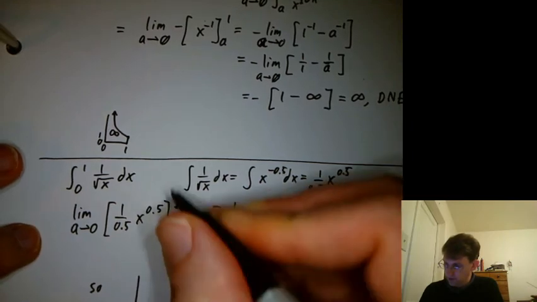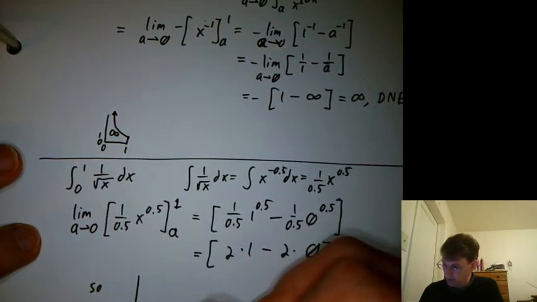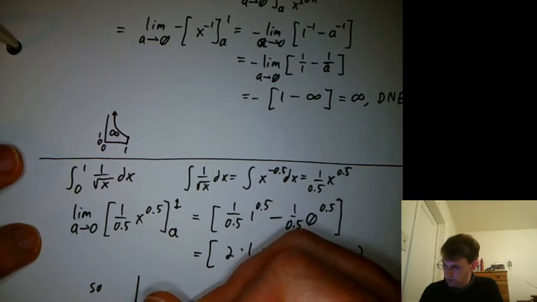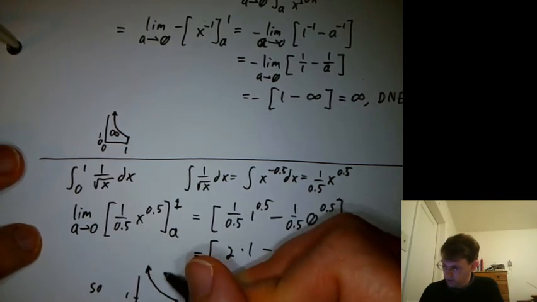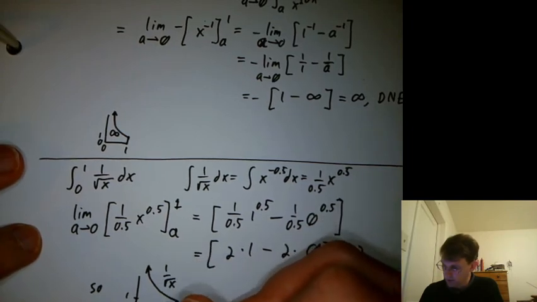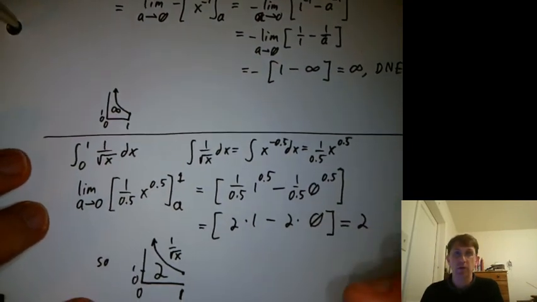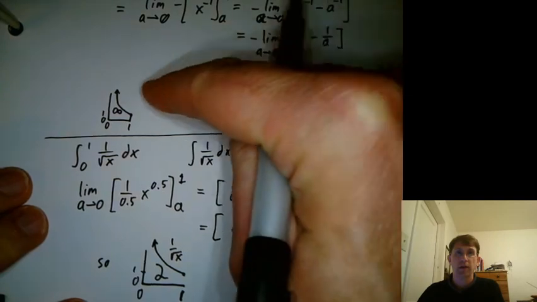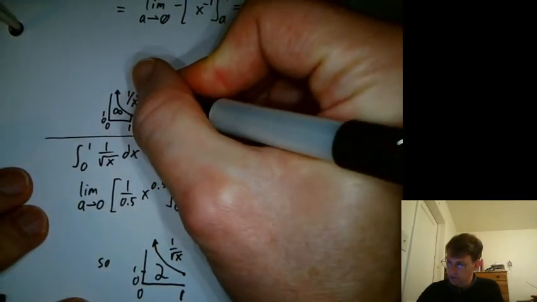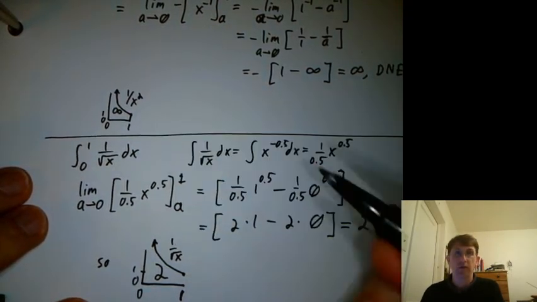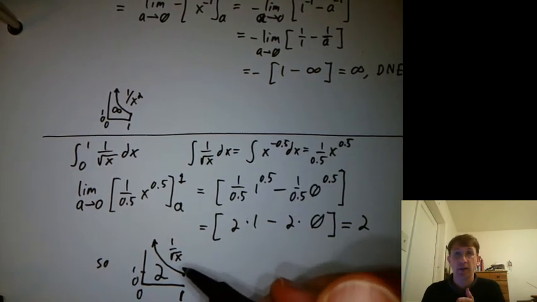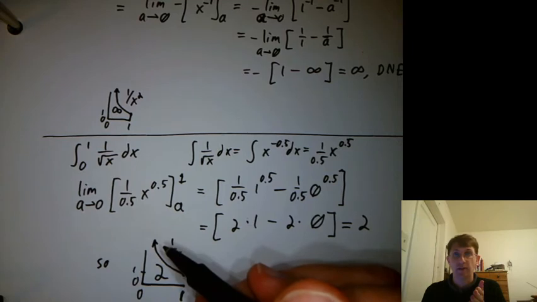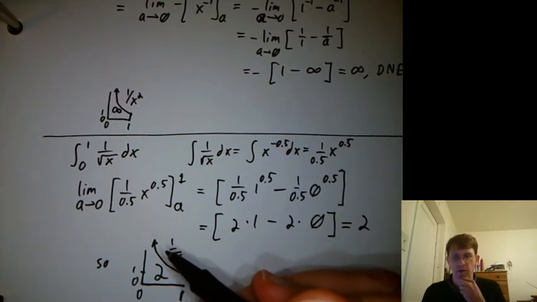So the area under the curve of 1 over root x, that area is 2, where the area under 1 over x squared was infinity. So apparently you can integrate something whose values are going off to infinity and still get a finite value. Interesting.